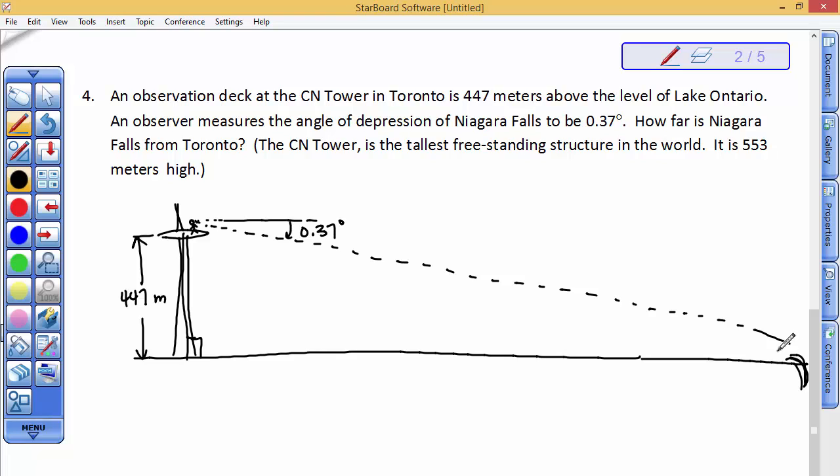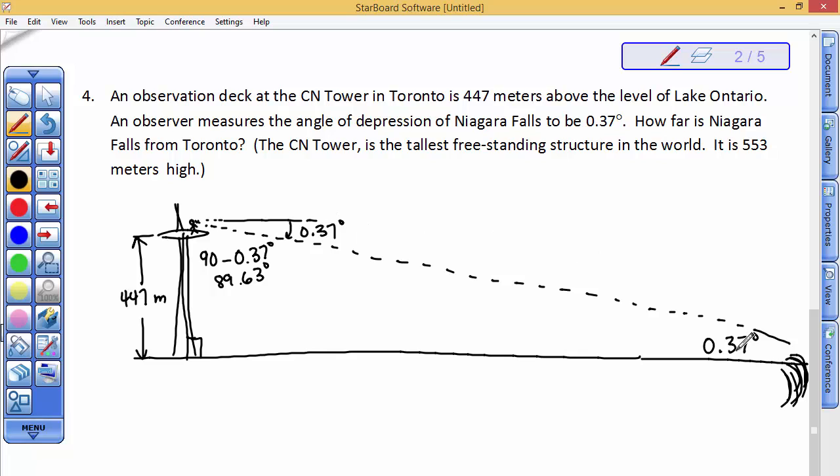Some people think that this angle right here should be 0.37 degrees, but actually it's 90 minus 0.37 degrees, which is 89.63 degrees. It's this angle over here that is 0.37 degrees, because these are alternate interior angles, parallel lines intersected by a transversal. So an angle of depression means the angle over here is the 0.37.